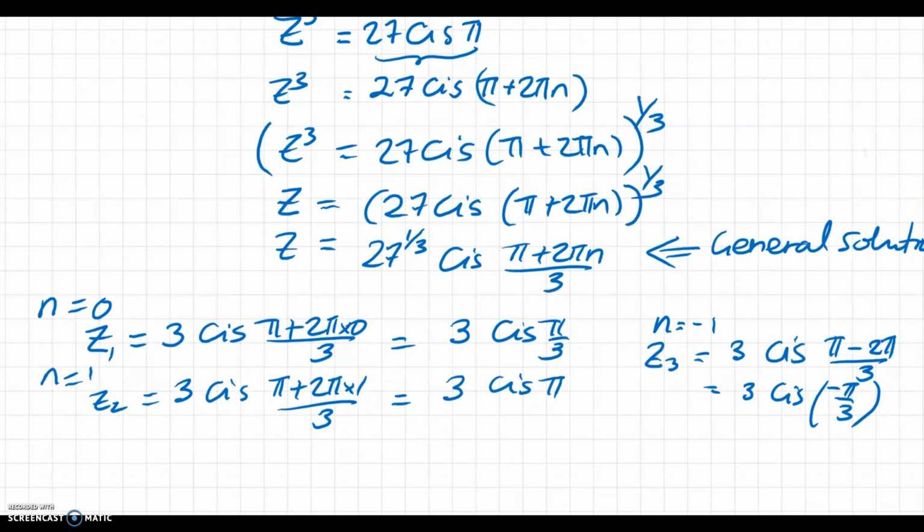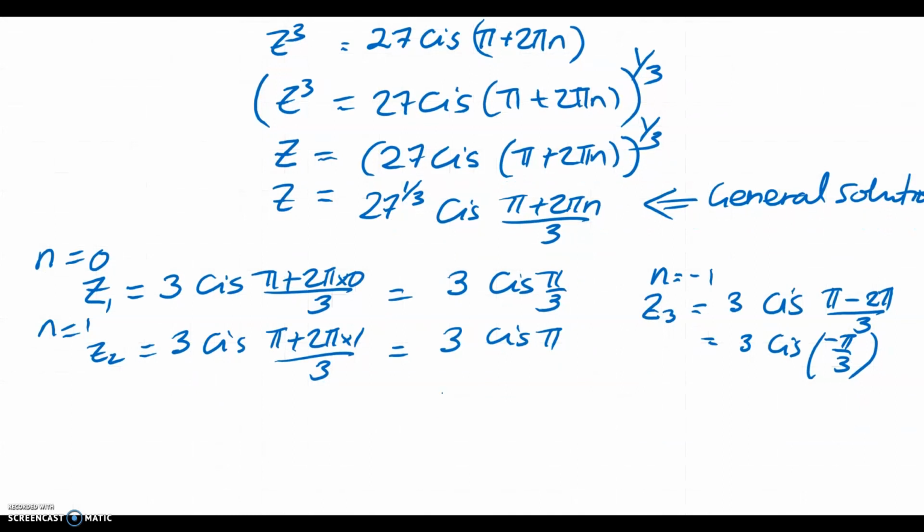Now, let's have a look at substituting n equals 2. That gives me 3 cis of pi plus 2 pi times 2, over 3, which is 5 pi over 3. So that's 3 cis 5 pi over 3.